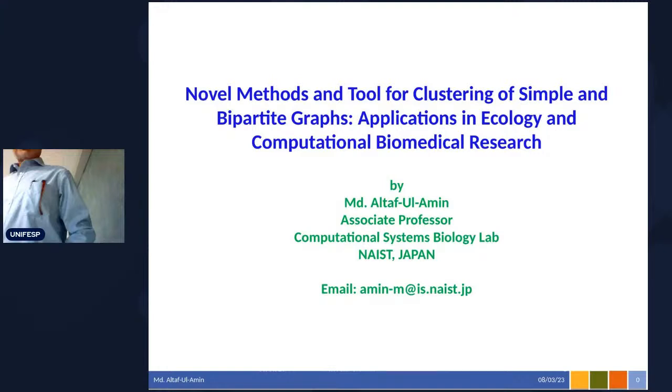I'm going to talk on a long title. As you can see, it is novel methods and tools for clustering of simple and bipartite graphs. This can be simple and bipartite graphs, and I will talk about the applications in ecology and some computational biomedical research.